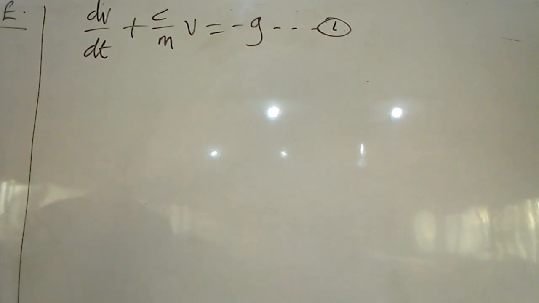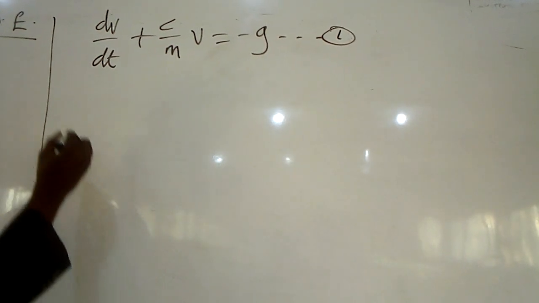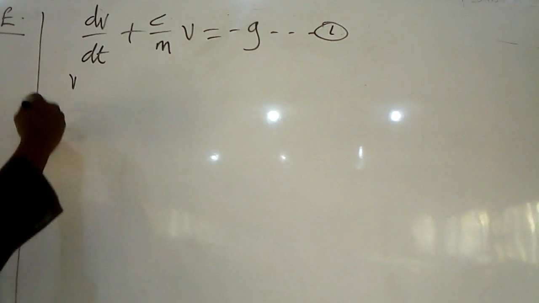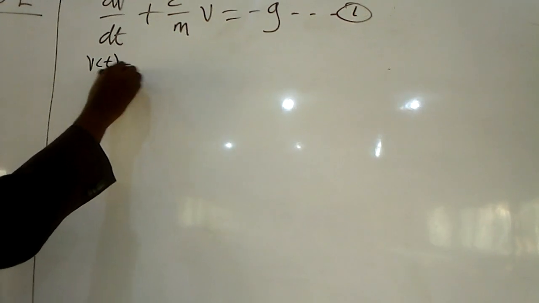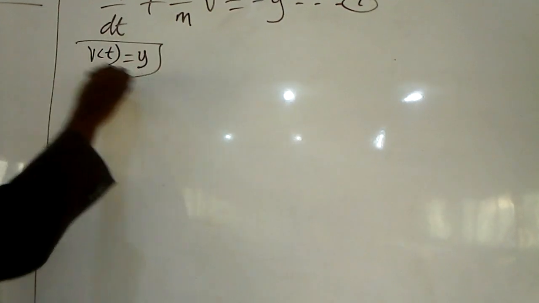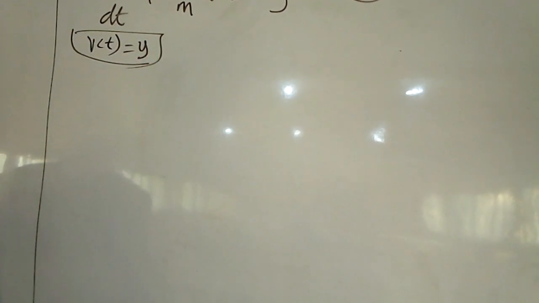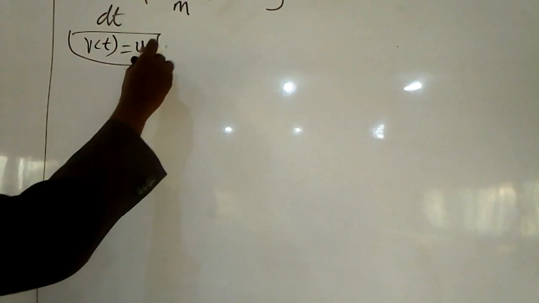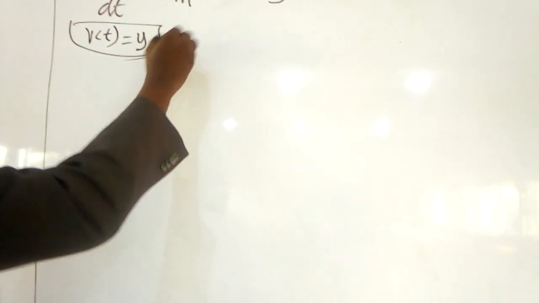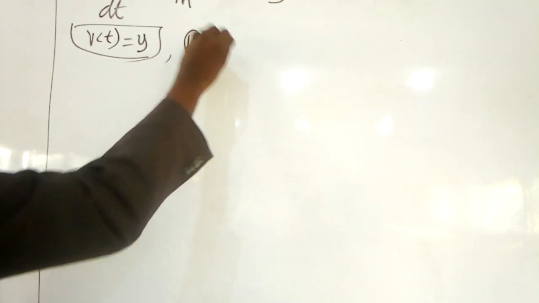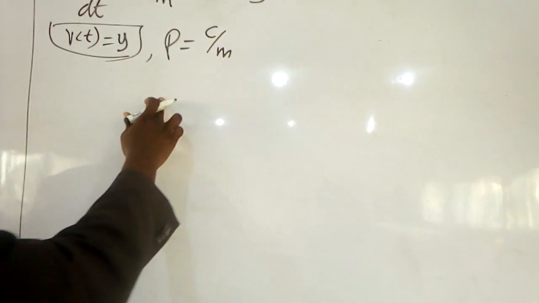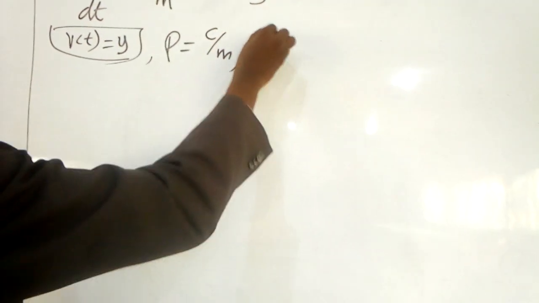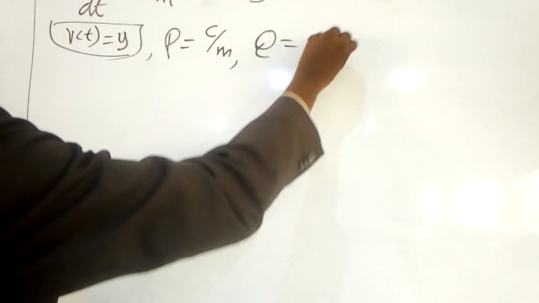And this relationship will culminate at v, which is the velocity. Velocity is a function of time, and is now equal to y when we are translating from the first order linear differential equation. While also we have p equal to c over m from the general linear first order equation, and q equal to minus g.